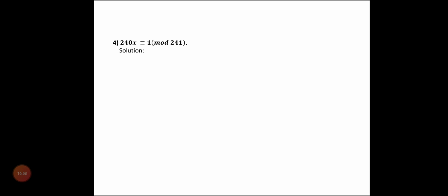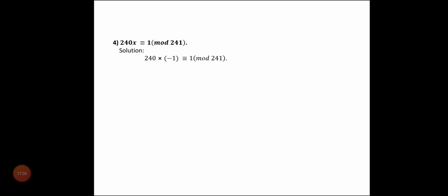Now 240x congruent to 1 modulo 241. Now 241 is also a bigger number. The number which is nearer to 240 and divisible by 241 is obviously 241. So to get that 241, we will put the value of x as minus 1. So 240 into minus 1 is minus 240.